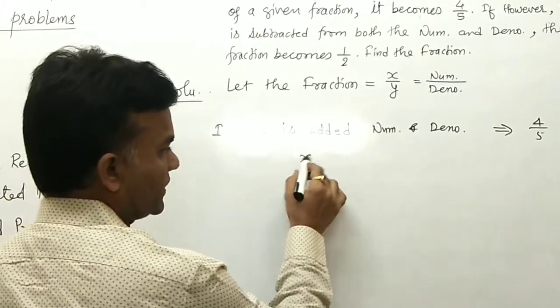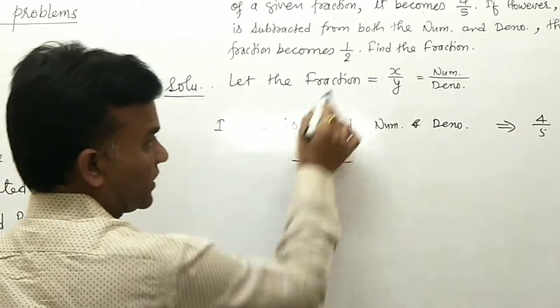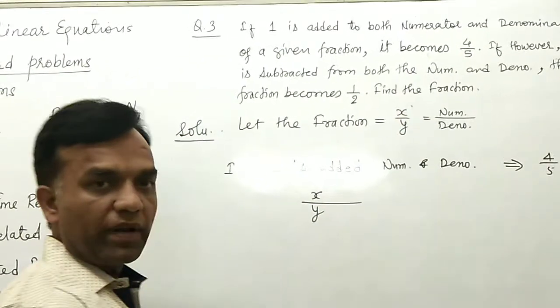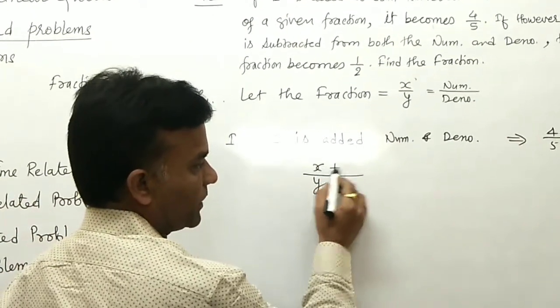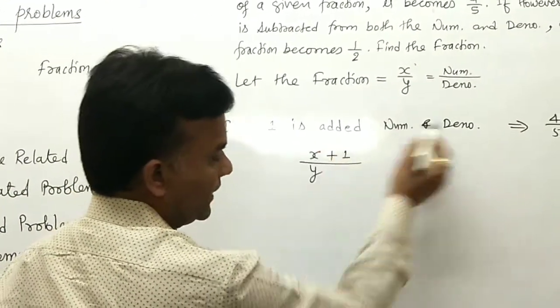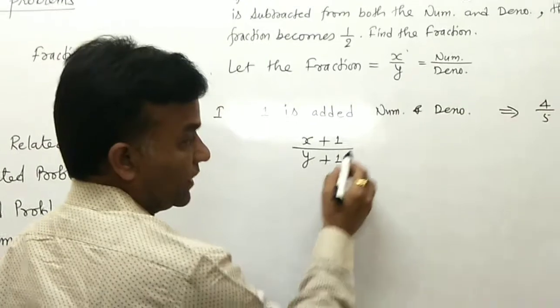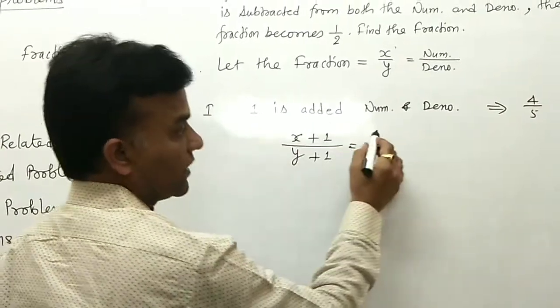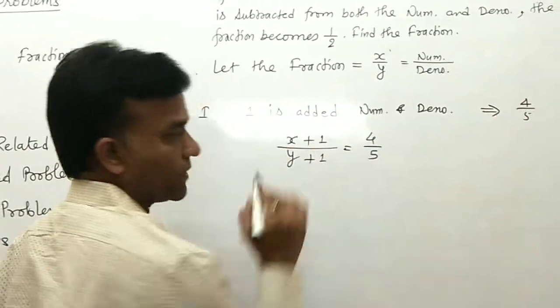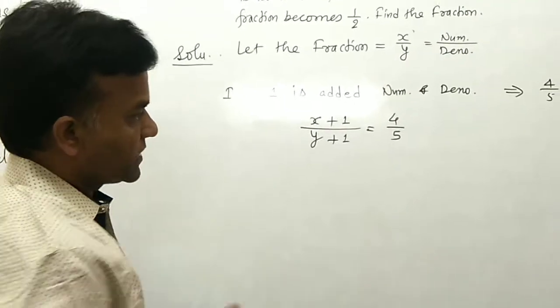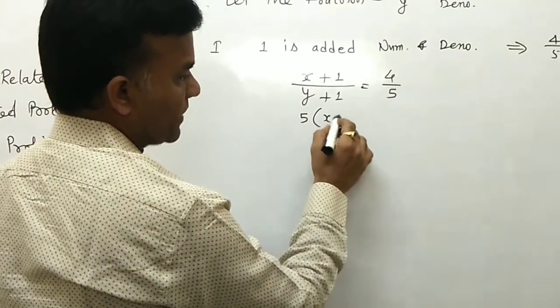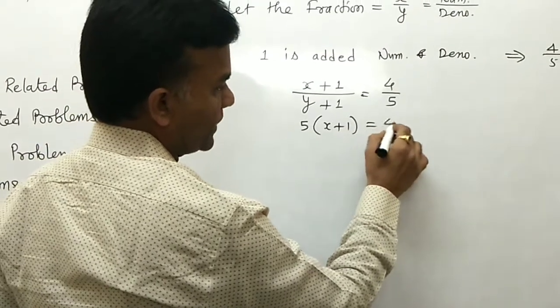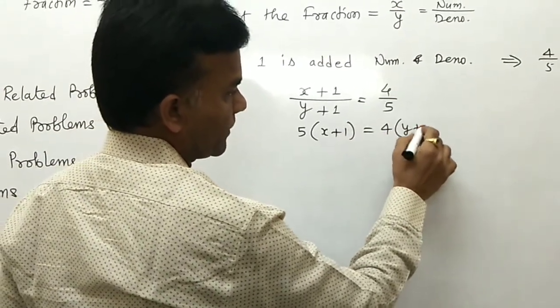So first you write down the fraction, because your assumed fraction is x by y. So 1 is added to the numerator, so you write 1 added, and 1 added to the denominator, so also 1 added. Then now your fraction here becomes 4 by 5. So this forms the first equation. Now you do the cross multiply: 5 times of x plus 1 and 4 times of y plus 1.